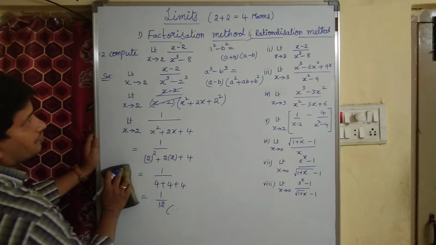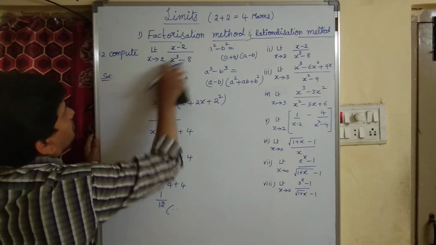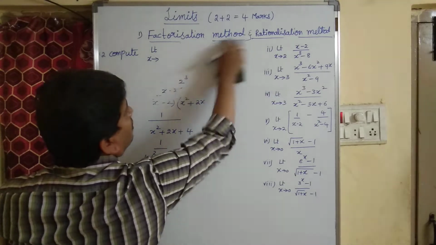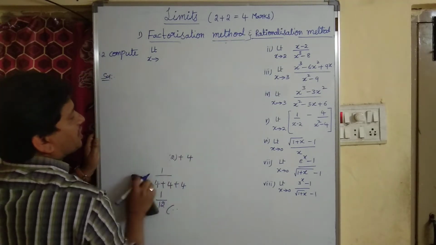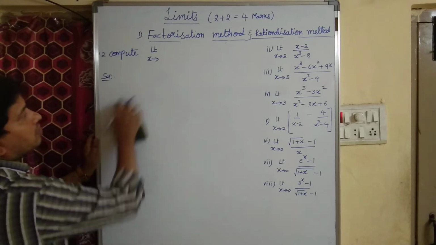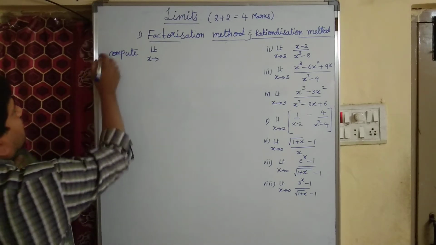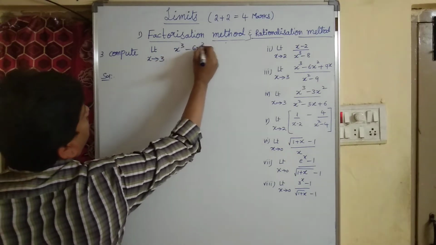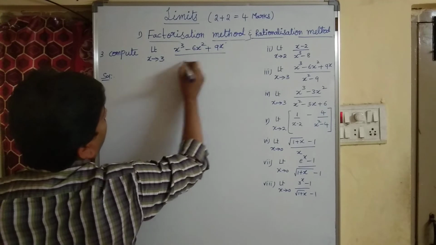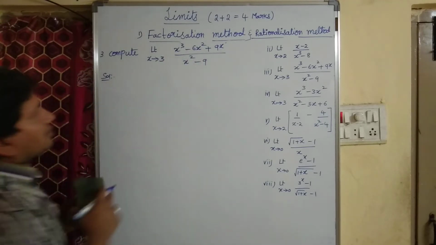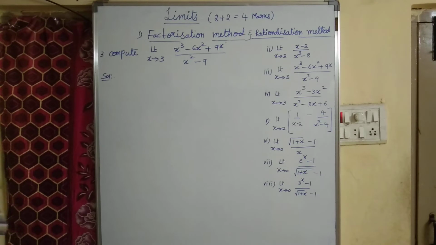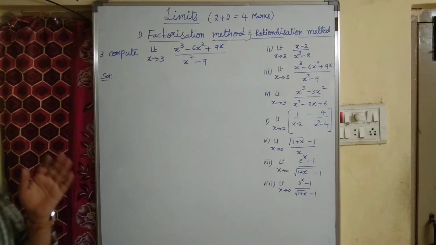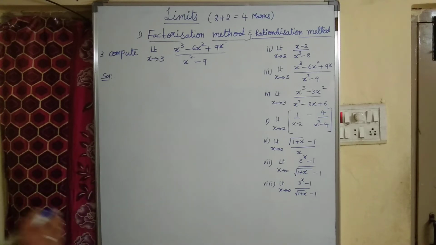Now coming to the third question. Question number 3: limit x tends to 3, (x cube minus 6x square plus 9x) divided by (x square minus 9). So our problem is limit x tends to 3, (x cube minus 6x square plus 9x) divided by (x square minus 9).